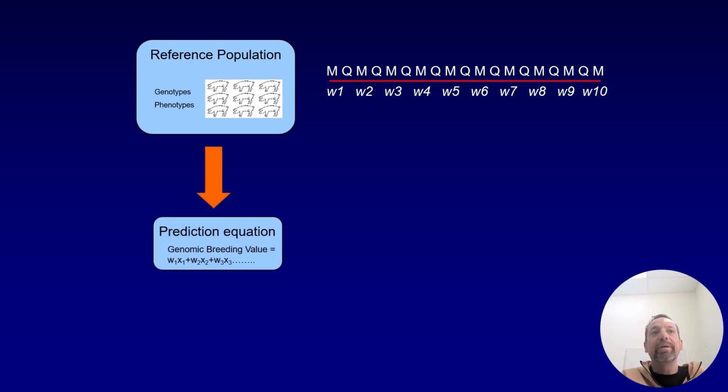And this is your prediction equation. So the prediction equation is just a vector of 50,000 weights, one for each SNP.